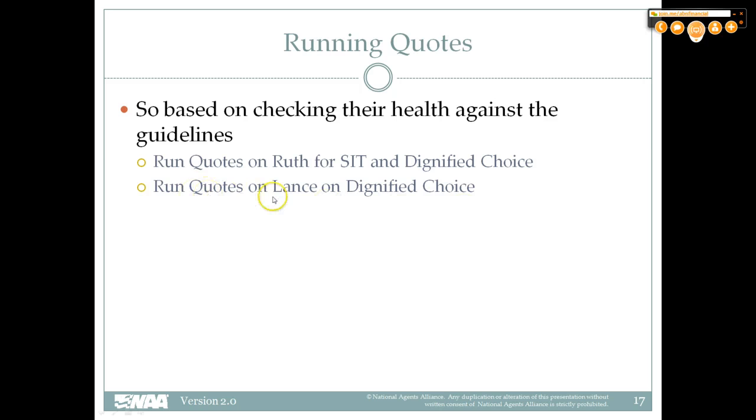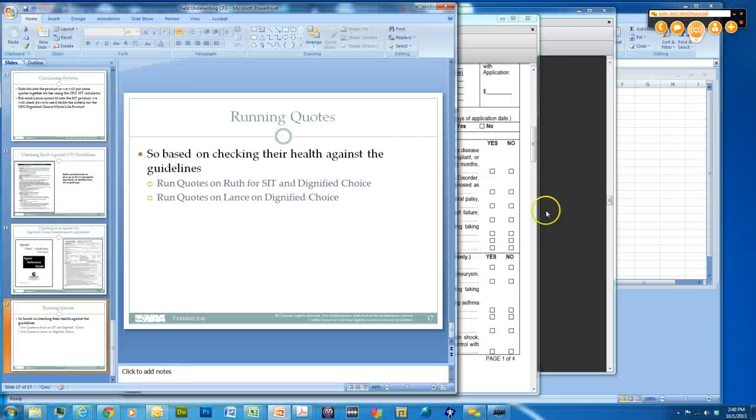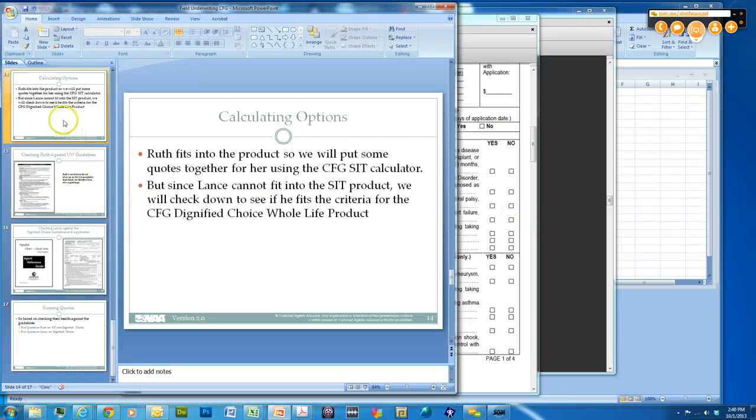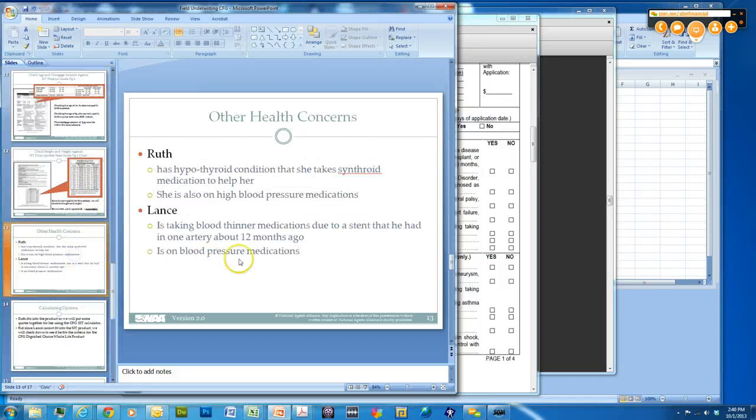And then we can run quotes on Lance for the dignified choice, but notice that for Lance, his problem is he can't fit into the SIT product, but let's see if he fits in the whole life. Now remember, his situation was he's taking medications for a blood thinner due to a stent that he had 12 months ago. So that's a procedure to improve circulation to the heart.